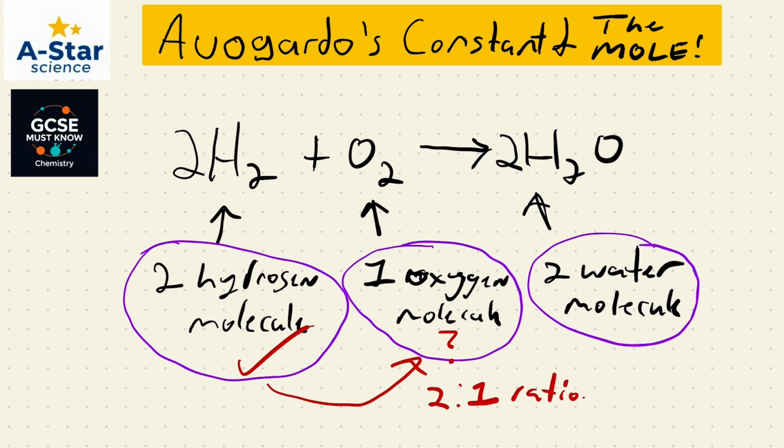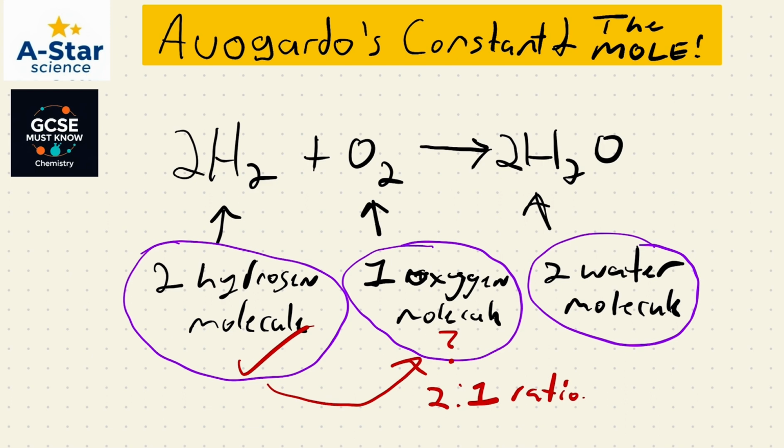And that's how we do our calculations in chemistry for quantitative chemistry. If you're not sure about that, please look at my video on limiting reactants and amounts of substance, as well as titrations, which helps with that particular topic more.